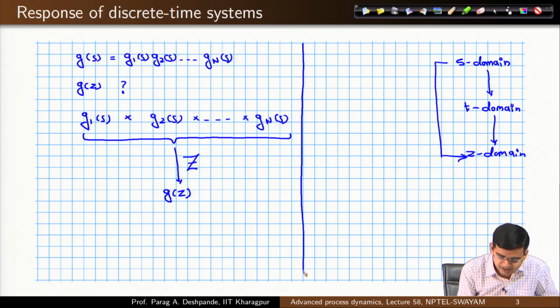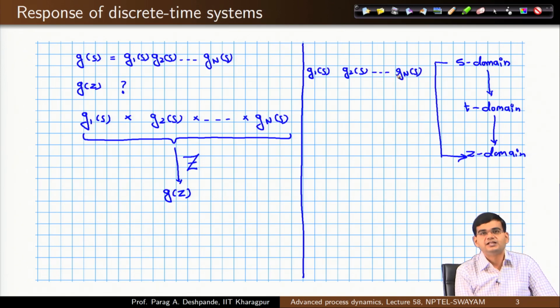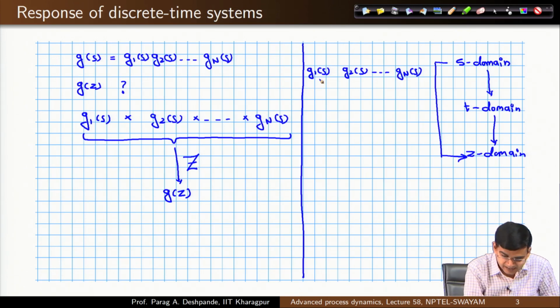I can do one more thing. I have G1 of s, G2 of s, Gn of s. Now, I can do this thing first. From G1 of s, I get G1 of z, from G2 of s, I get G2 of z, and so on, from Gn of s, I get Gn of z.